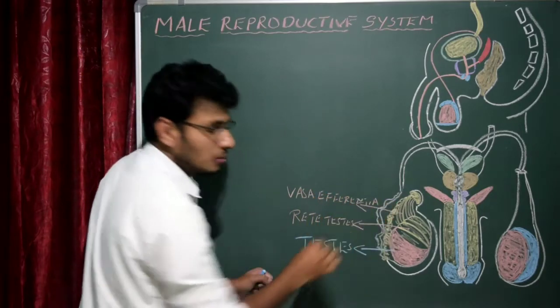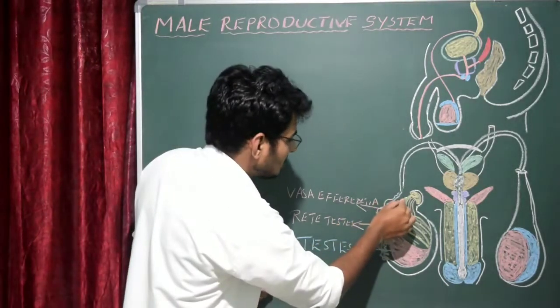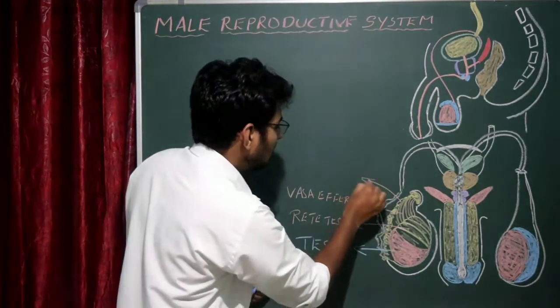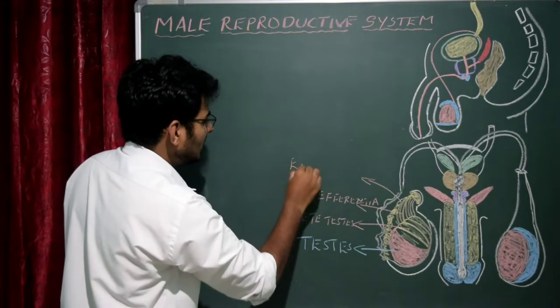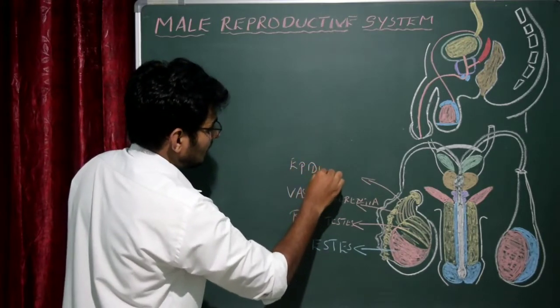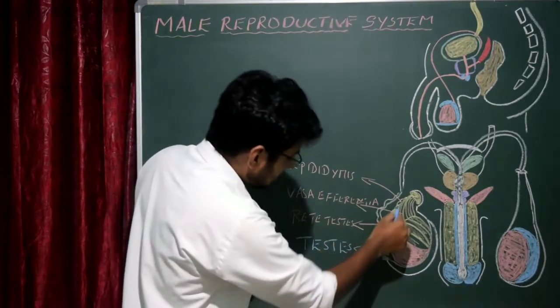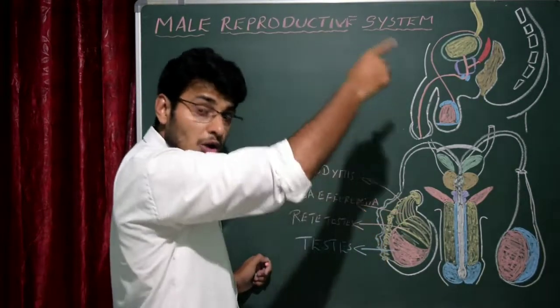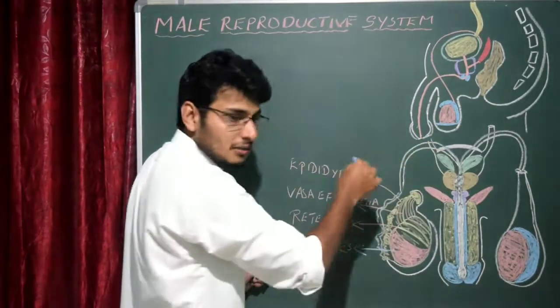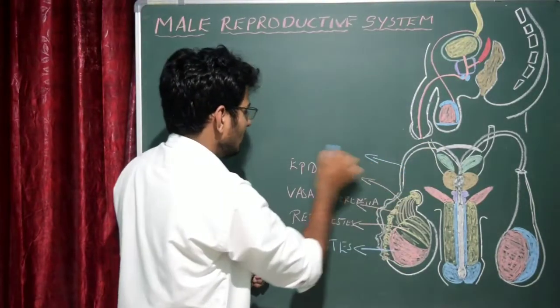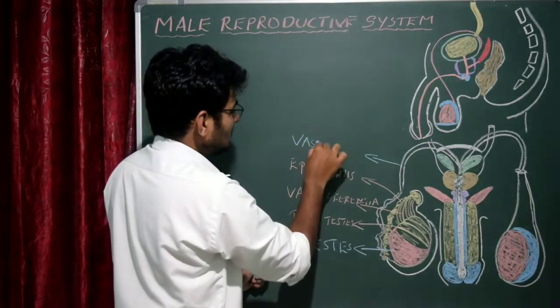Hope this is visible to you. Then the vasa efferentia opens into a big duct called the epididymis. The epididymis opens into another long pipe, which runs till the urinary bladder. That pipe is called the vas deferens.